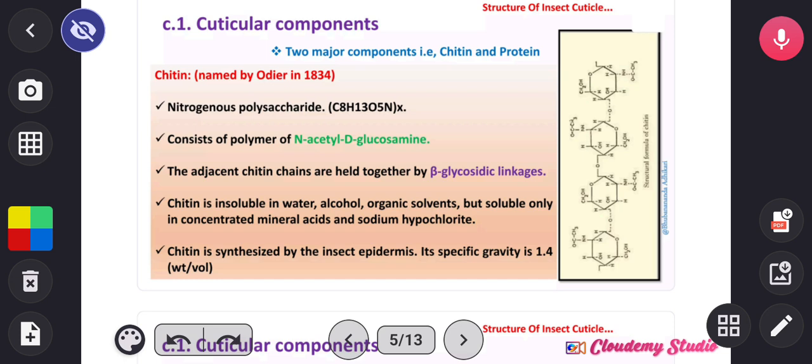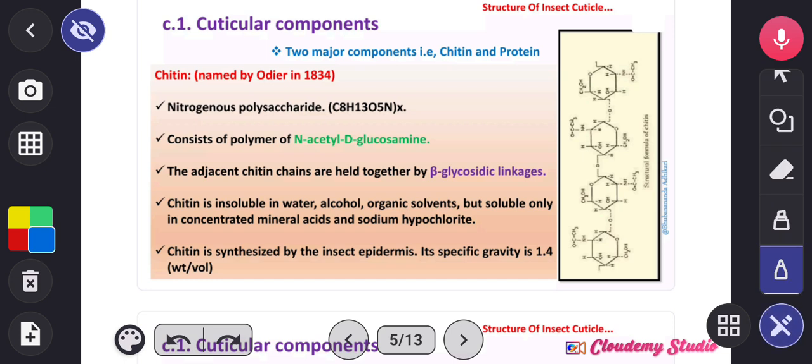It is a complex polysaccharide, and it was named by Odier in 1834. Now, we have to understand that the two major components of the cuticle are chitin and protein, which are marked in blue. Chitin and protein, those are the two components of this thing.